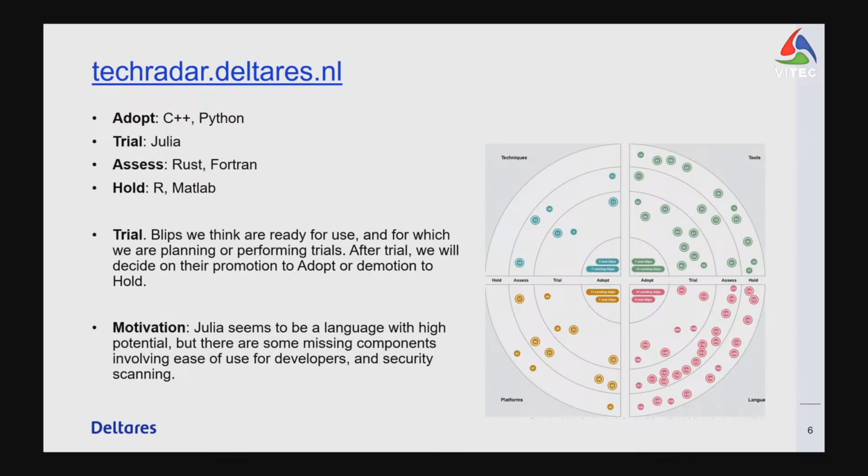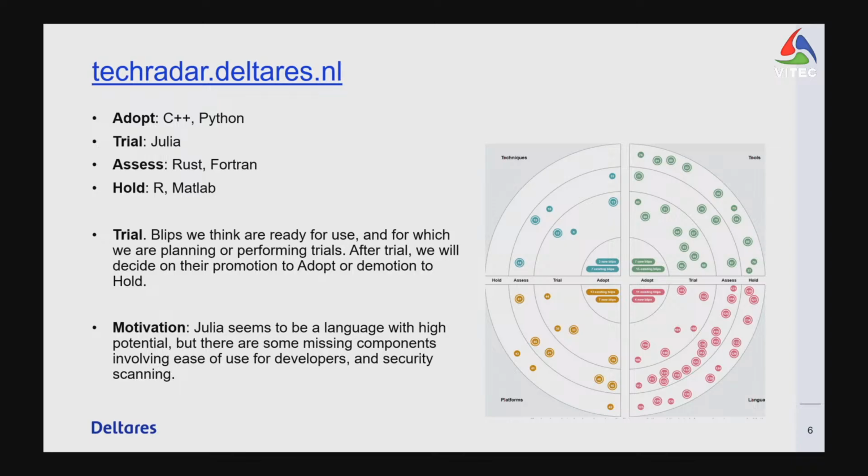We have this tech radar, which is just an open website, where for a lot of technologies that we use, we put them into one of 4 categories: adopt, trial, assess, or hold. Python, for instance, is being used a lot.